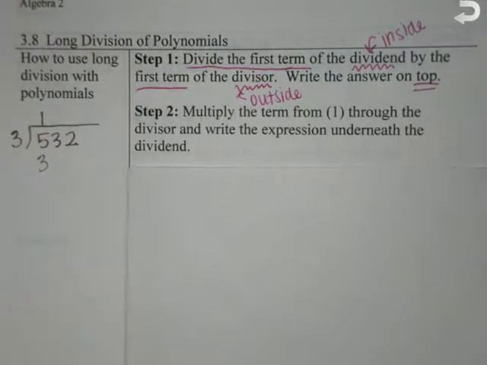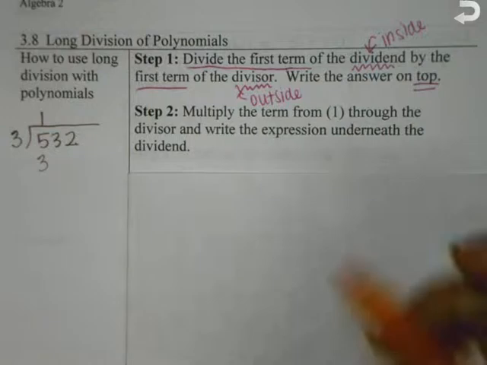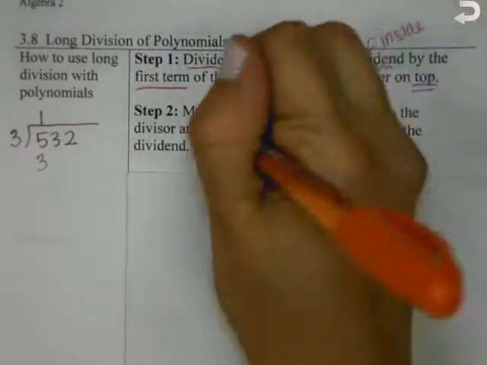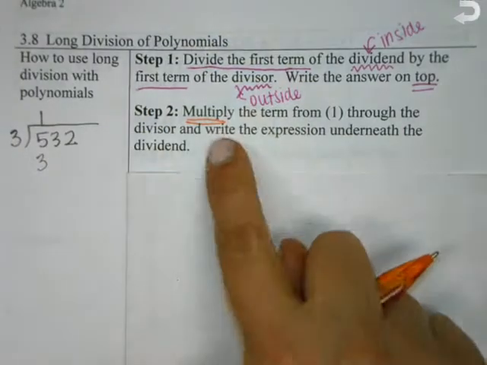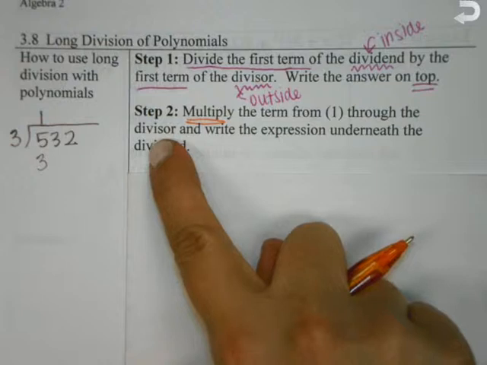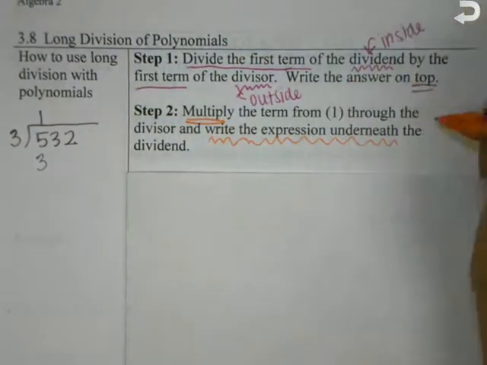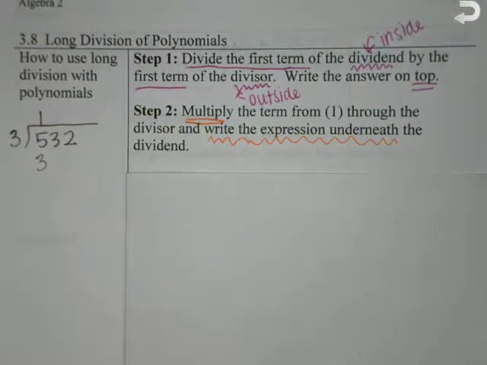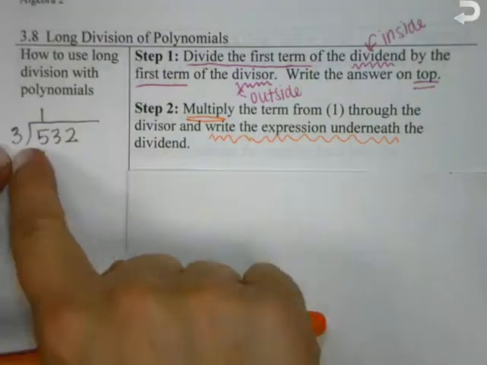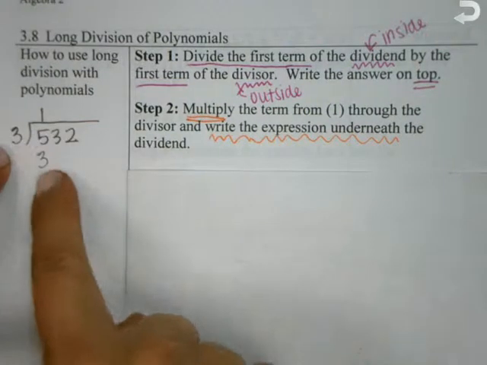You're going to multiply the term from step 1. So we're going to multiply basically the top by the divisor and write the expression underneath. Okay? So we're going to multiply the top by what we're dividing by and write our expression underneath the bigger number.